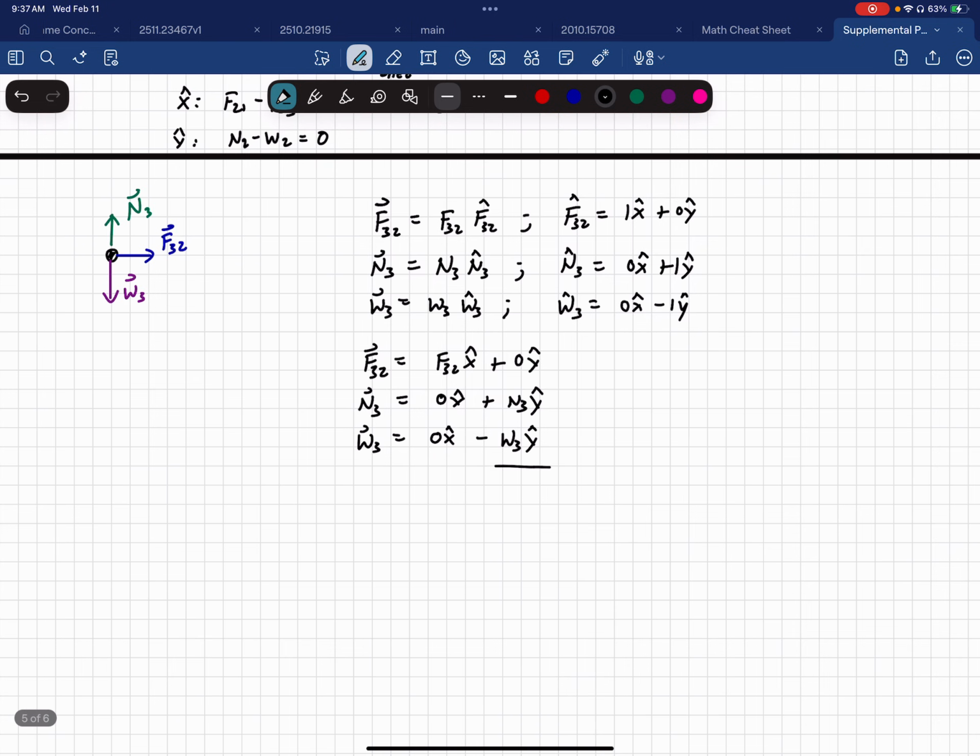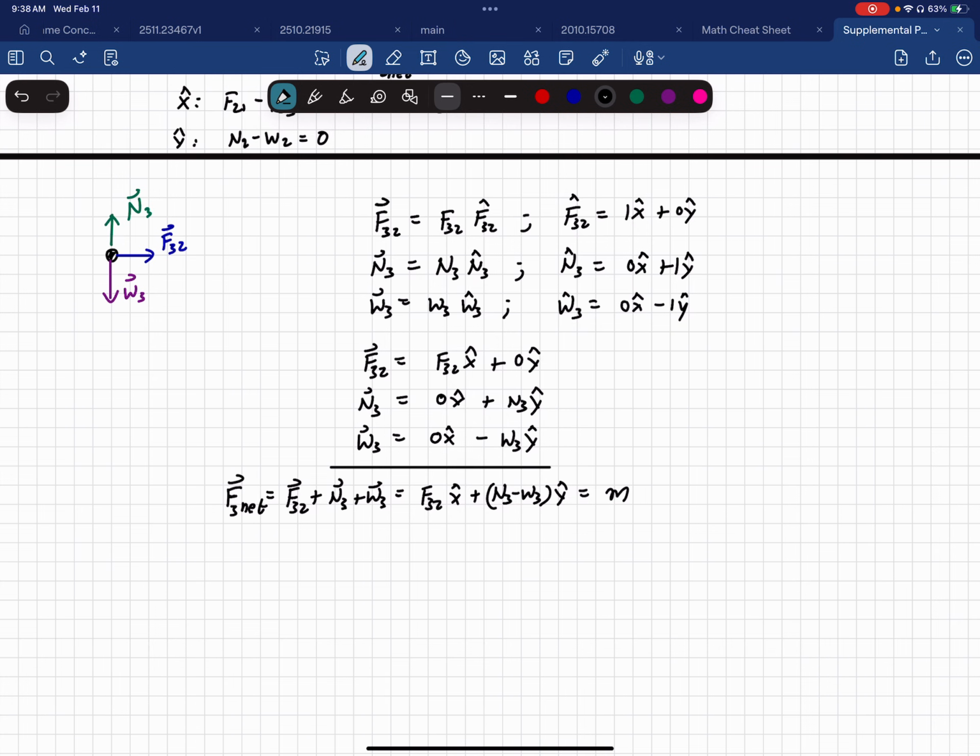Okay, now the net force for the third one is given as, right, and then you have this N3 minus W3.